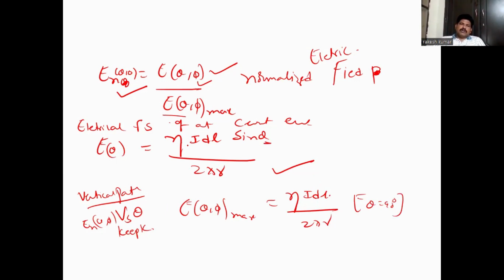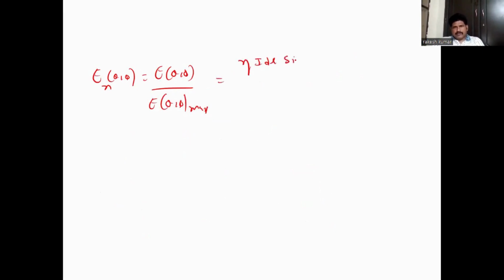Now calculate the normalized field pattern: En of theta comma phi is equal to E of theta comma phi by E of theta comma phi max, which is eta I dl sin theta by 2 lambda r divided by eta I dl by 2 lambda r.